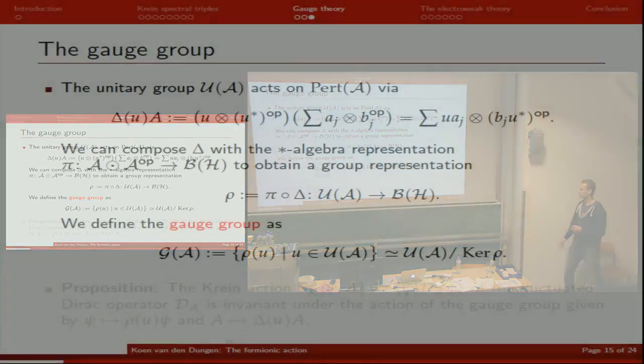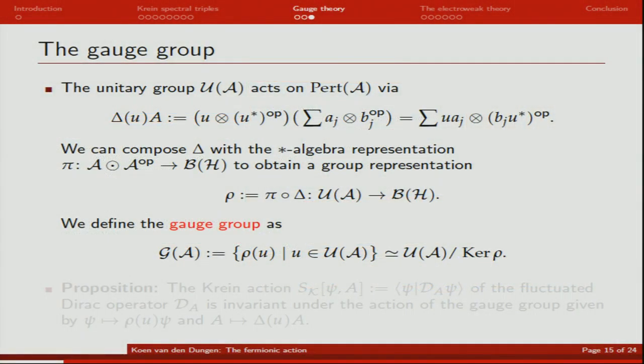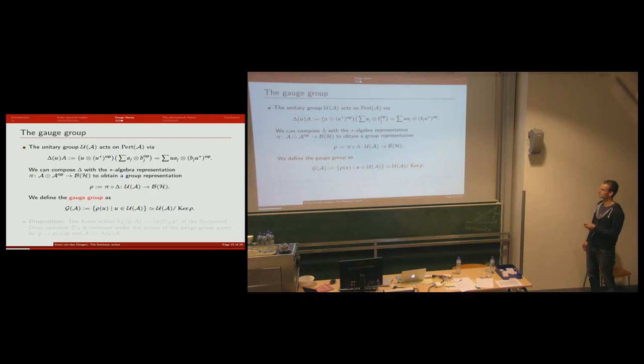Okay. All right, so we can also embed the unitary group of the algebra into the perturbation semigroup via this map delta, which is then used to U tensor U star op. And then we can use just the multiplication in the semigroup to get an action of the unitary group on the perturbation semigroup.